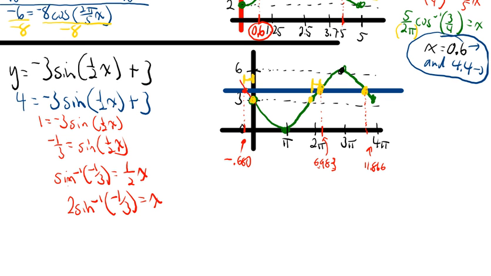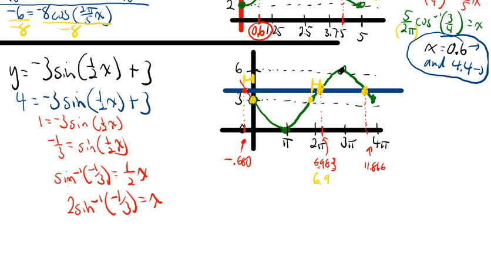Yeah, 6.963. Oh, I know what I did wrong. 2 pi minus 2 inverse sine of negative 1/3. Yeah, 6.693. So looks like you were on the right track there.